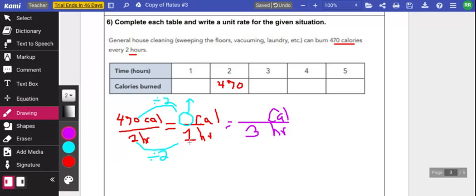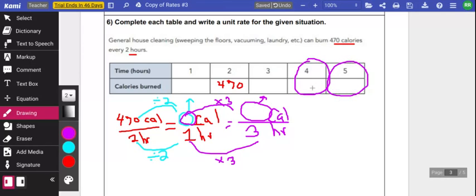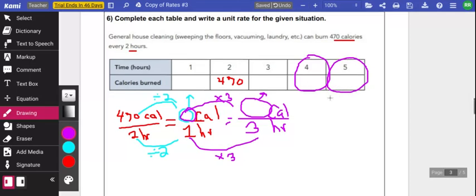How do I get from 1 to 3? Well, I multiply by 3. And so I would take this number and multiply by 3 to get some number of calories in 3 hours. And then we could do the same thing for 4 hours and 5 hours. Figure out how many calories you would burn for 4 hours and 5 hours and fill in the table there.